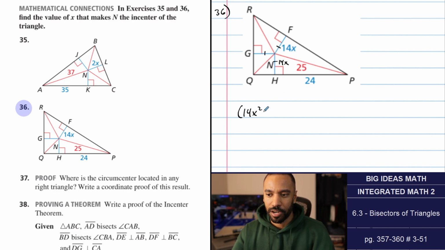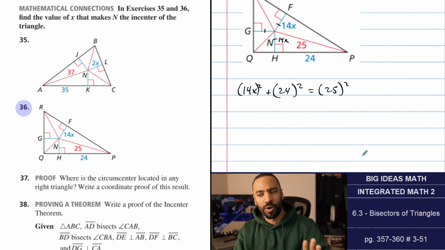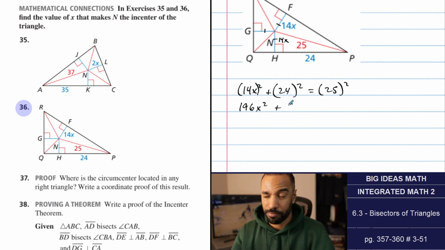I have a right triangle right here. 14x squared plus 24 squared equals 25 squared. The answer, I think, is going to be 1/2 or 0.5. That's what I believe. So right here, 14x squared is 196x squared, 24 squared is 576, and 25 squared is 625.